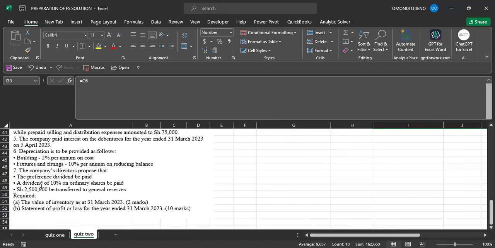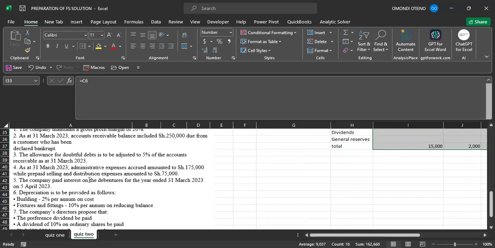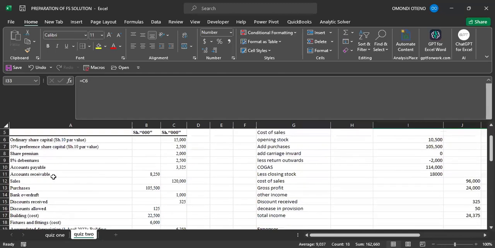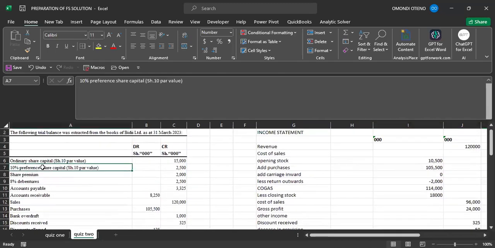Our treatment of these dividends will depend on something here, so let's agree on how we are going to deal with the preference share capital. Is it equity or a liability?